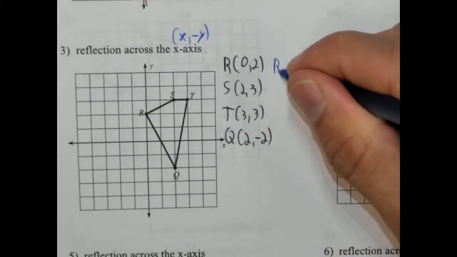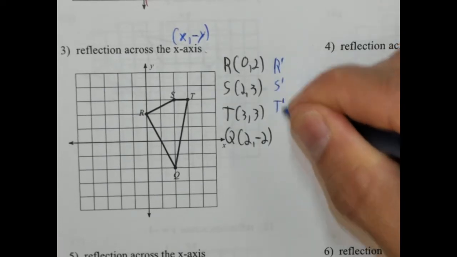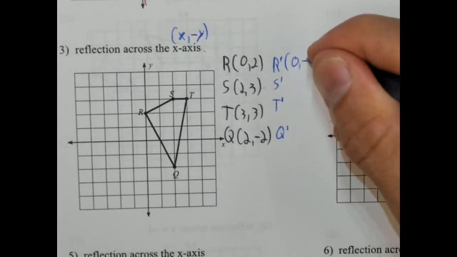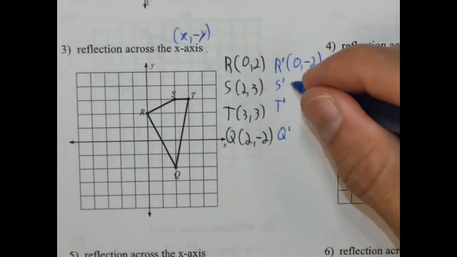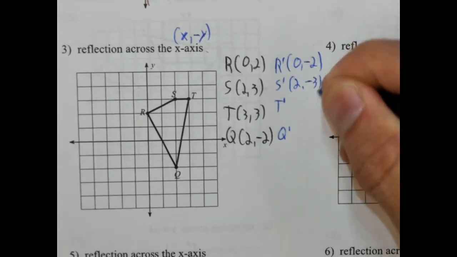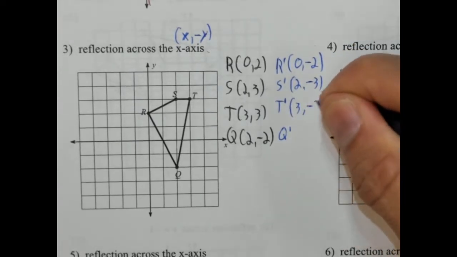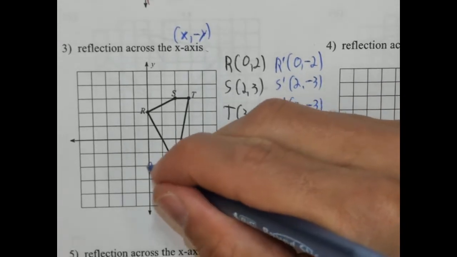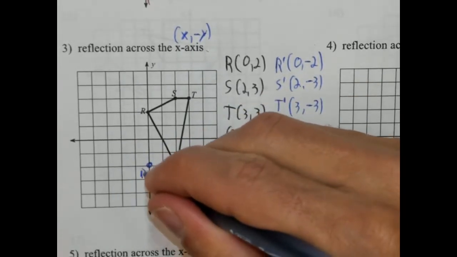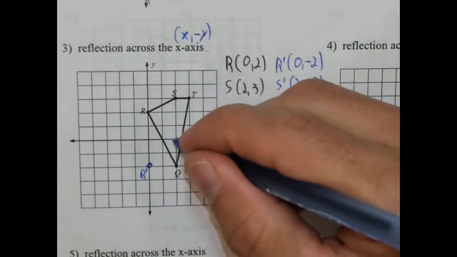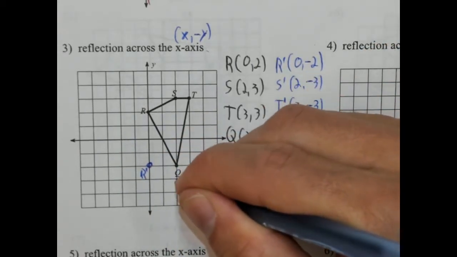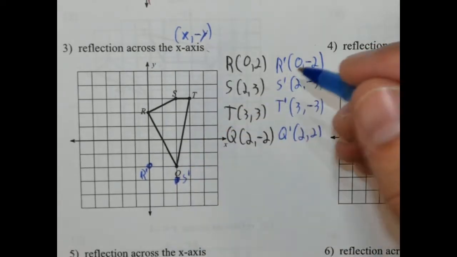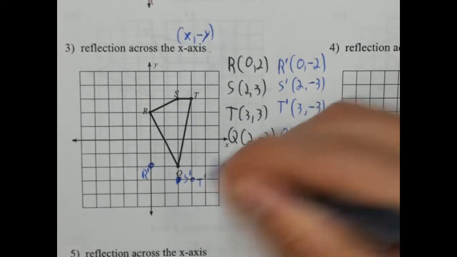So let's go ahead and rewrite these. So we're going to have R prime, S prime, T prime, and Q prime. So we're going to change the y value. So 0, -2, 2, -3, 3, -3, and 2, 2. Okay, so 0, -2 is R prime. 2, -3 is going to be S prime. 3, -3 is going to be T prime.